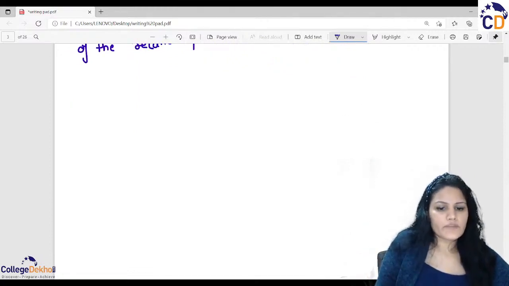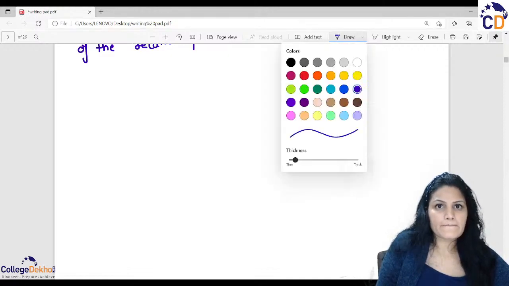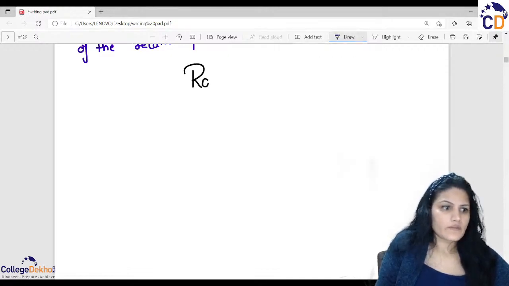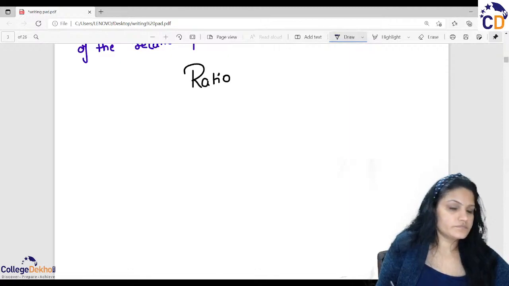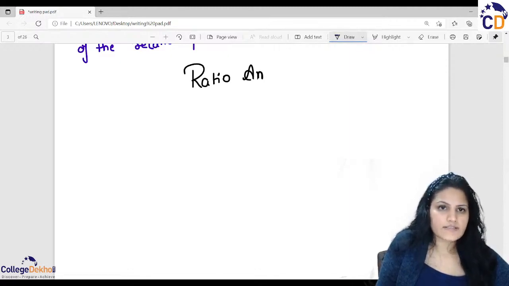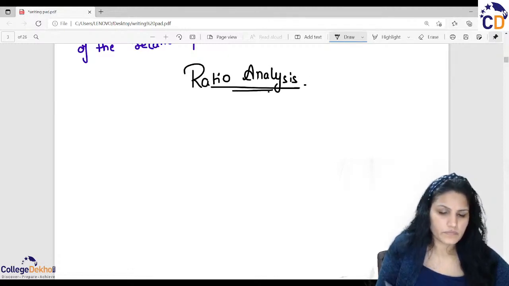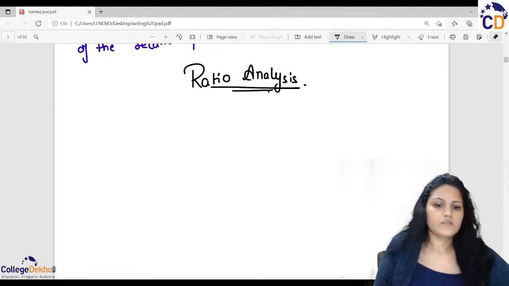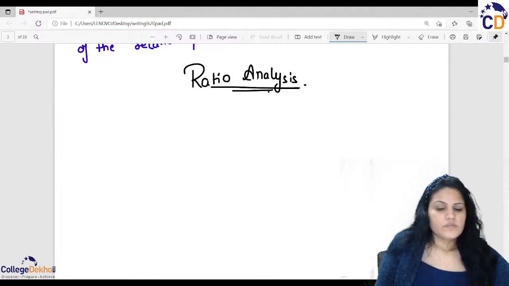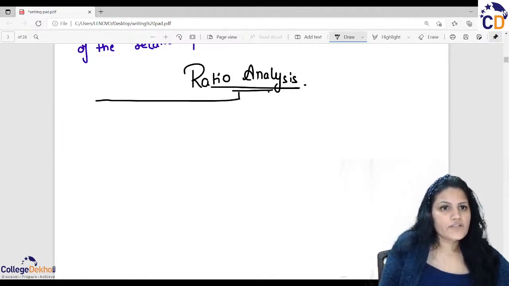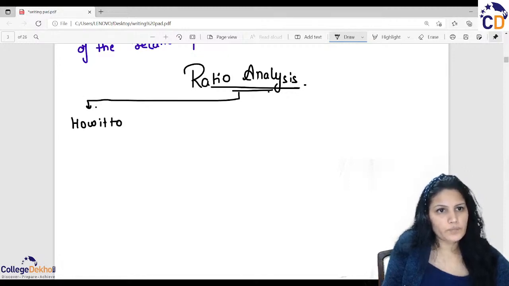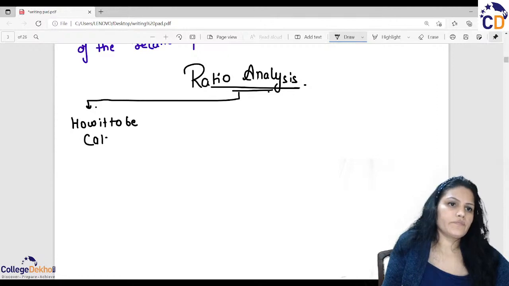Next term is ratio analysis. First, how it is to be calculated.